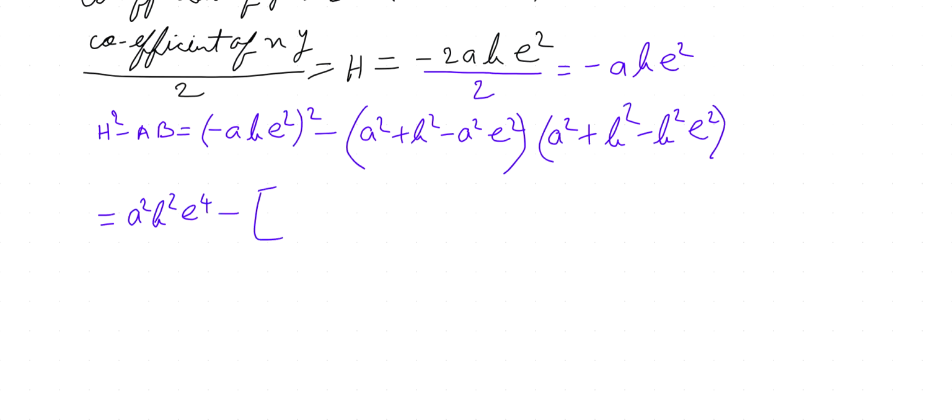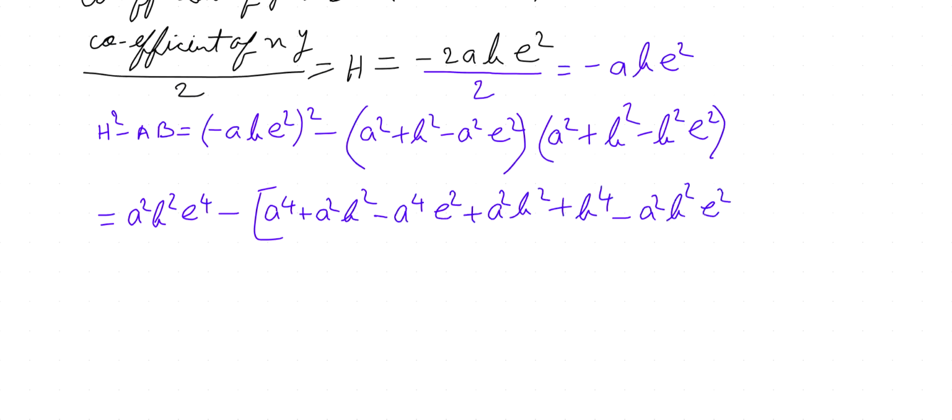So A to the power 4 plus A square B square plus A square B square minus A to the power 4 E square plus A square B square plus B to the power 4 minus A square B square E square, and then minus A square B square E square minus B to the power 4 E square, and minus minus plus A square B square e to the power 4.